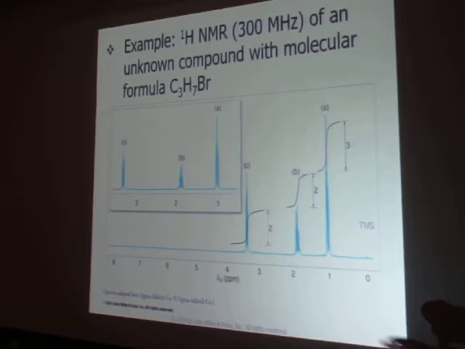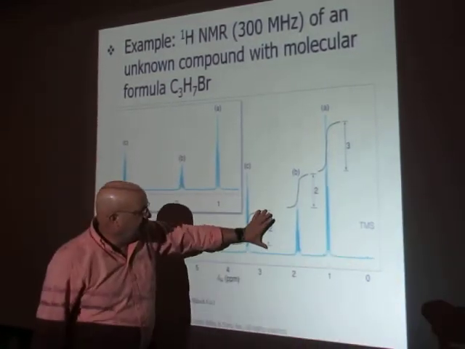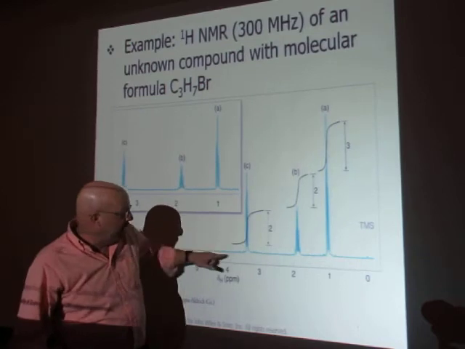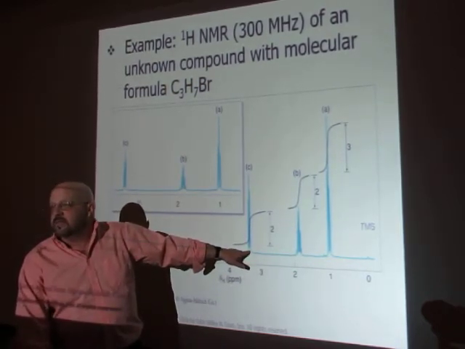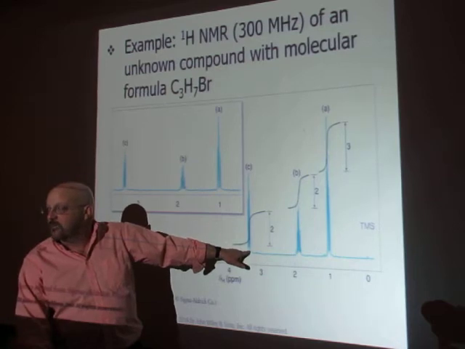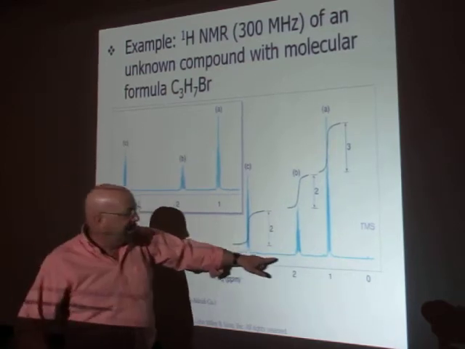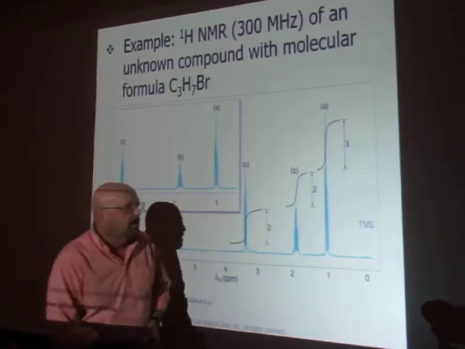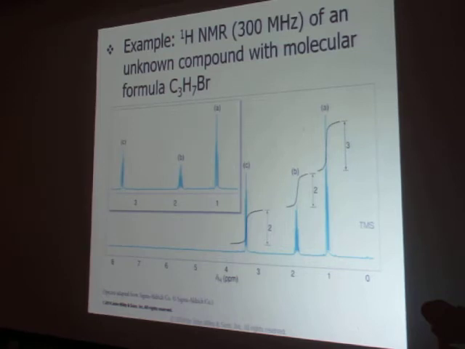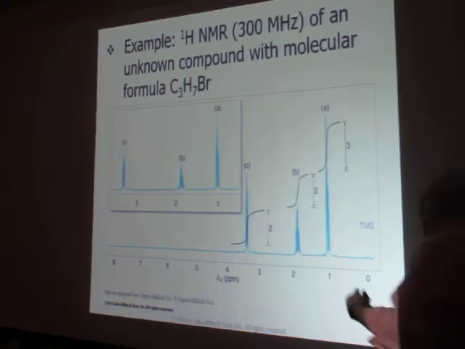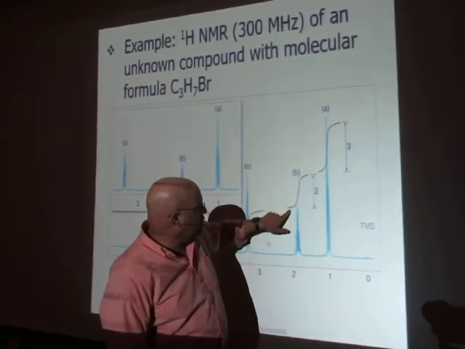So we said this one here, integrating for 2, we said that's a CH2, and based on the chemical shift, we said this is the one that's next to the bromine. So this is a CH2 that's connected to the bromine, to the electronegative atom. That's what shifted this down here. So I've got a CH2 connected to a bromine. Write that down. There's a piece of the puzzle. This one here, it's integrating for 2.